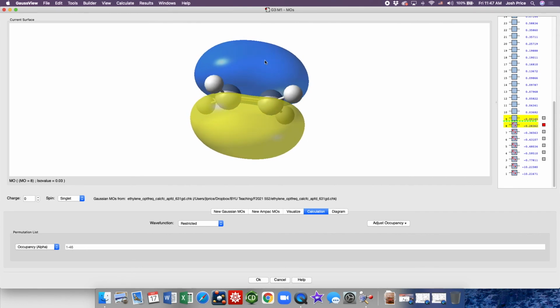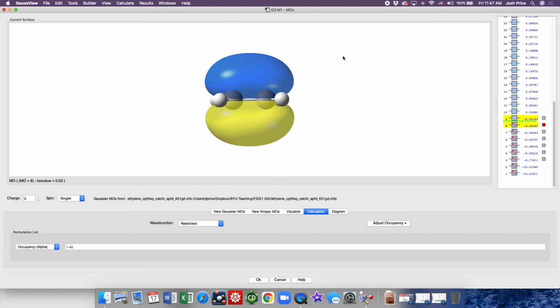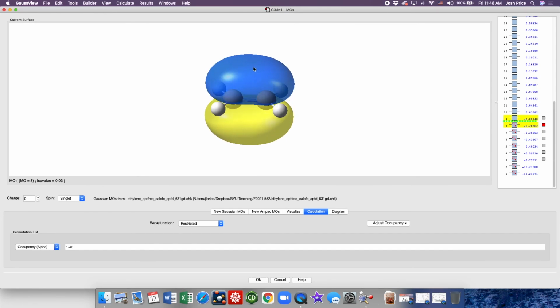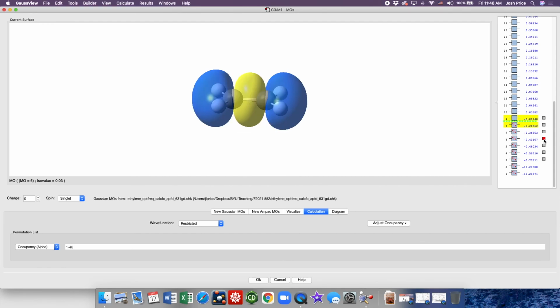Valence bond theory would tell you that the highest energy electrons are the pi electrons. That's what MO theory tells you too. And you can help students figure out HOMO and LUMO without even telling them about all of this crazy stuff going on down here.